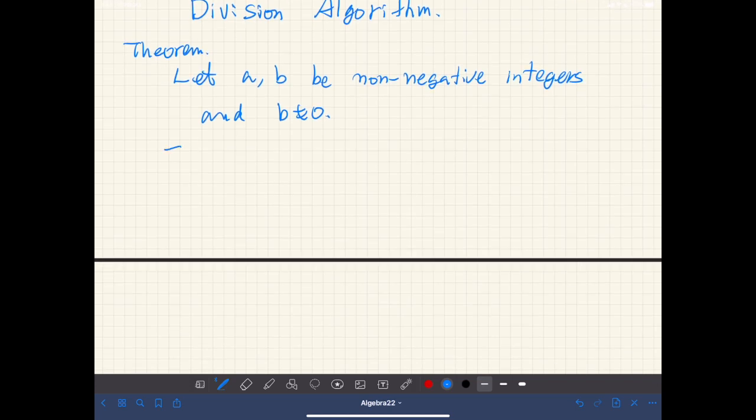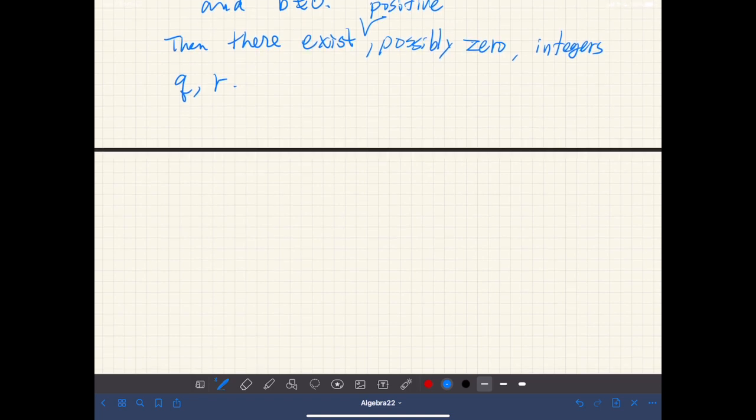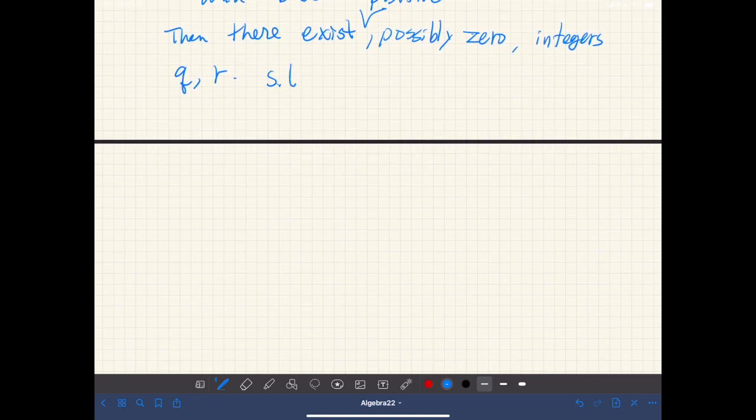Then there exist, possibly zero, integers q and r such that a is equal to b times q plus r, and r is between 0 and b.